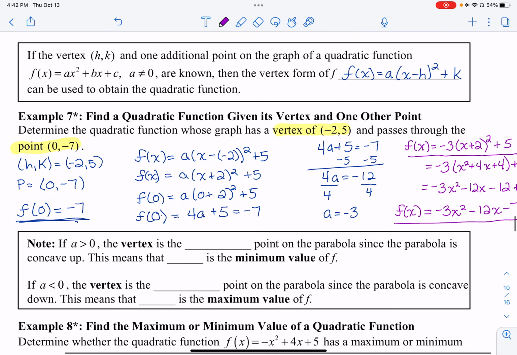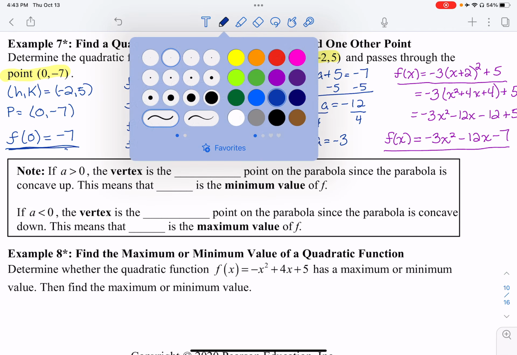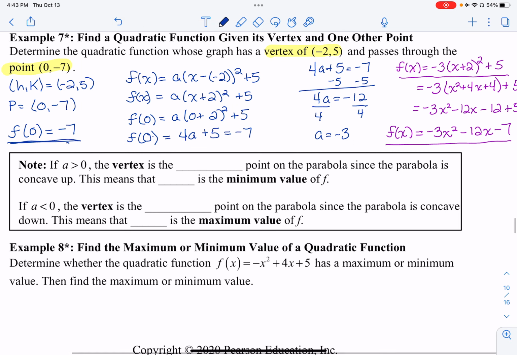All right. So one last section. We want to note that if a is greater than 0, that means we're concave up. It's positive, so it's happy. The vertex is the minimum point on the parabola.